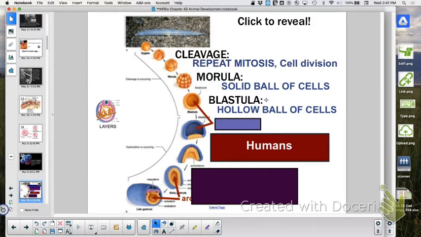What happens to the blastocele, this cavity inside? Bye-bye, blastocele. See how it's gone now? Now it's called a gastrula. A gastrula is a layered ball of cells. What's the outermost layer? Ectoderm. What's the innermost layer? Endo.